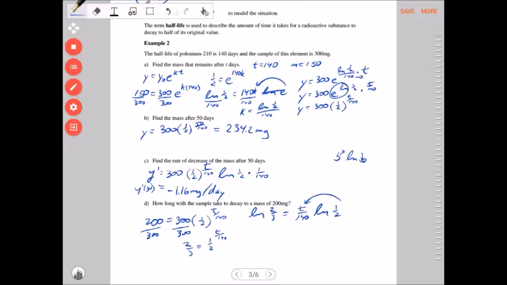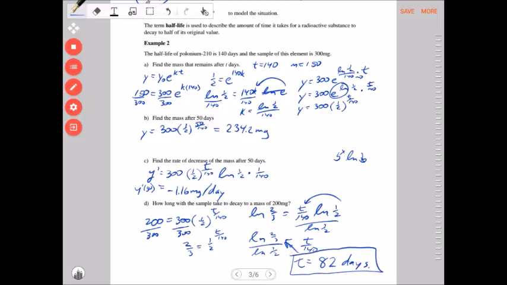Remember that exponent just comes down right in front. Now we divide by ln 1/2. So ln of 2/3 divided by ln of 1/2 equals t over 140. Of course the 140 multiplies up, and we end up with t equaling 82 days.